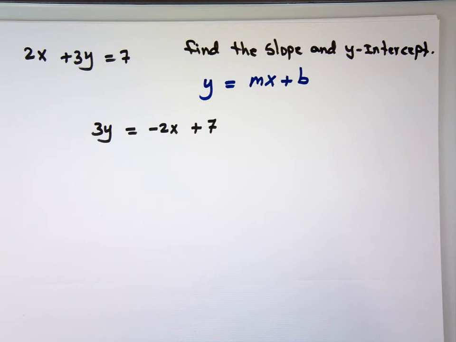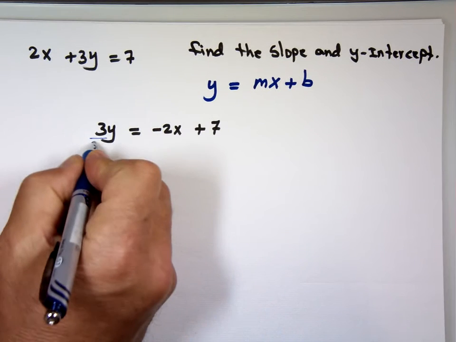That's still not good enough. Why? I need to solve it for y. You have 3y there, not y. So to make it a y, what are we going to do? Divide each one by 3.